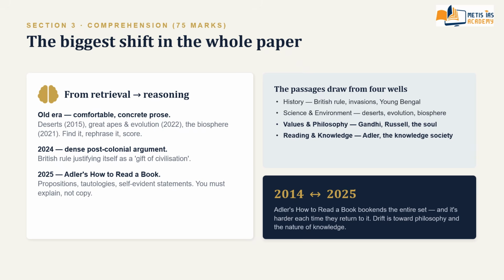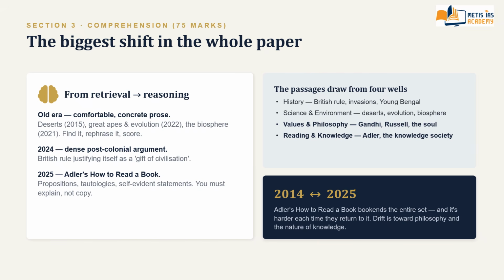The question did not ask you to retrieve facts. What they asked was, what does the author mean by self-evident propositions? And what are tautologies? You had to understand and explain, not copy.